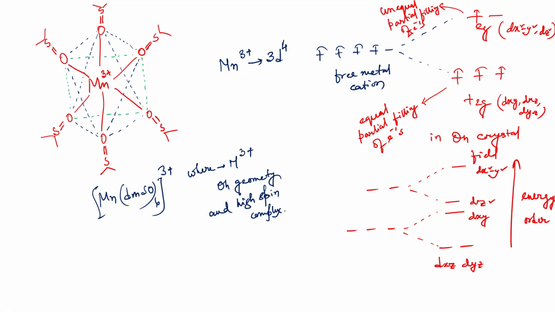Now put the electrons again, following the Aufbau principle and Hund's rule. You will see that the dz2 orbital has one electron, but the dx2-y2 orbital has no electron.